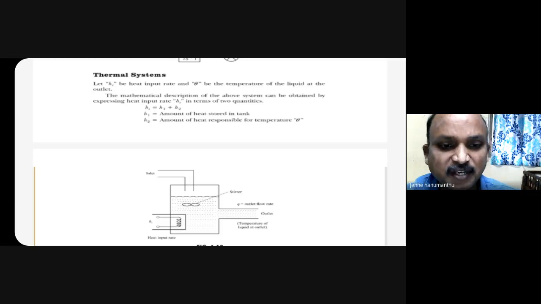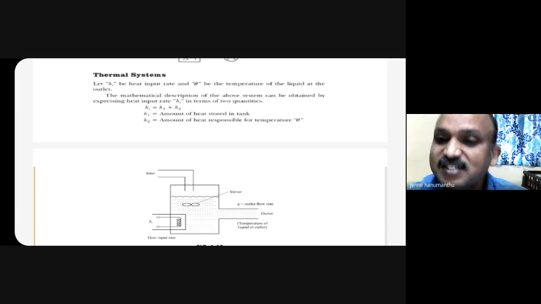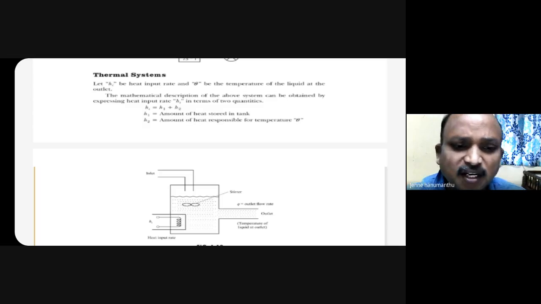At the outlet of the tank we have another temperature, but the temperature inside the tank may not be equal to the temperature at the outlet of the tank. That will be different. So as an engineer, you can also maintain the temperature at the outlet of the tank.